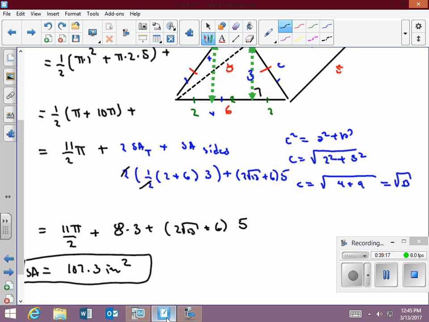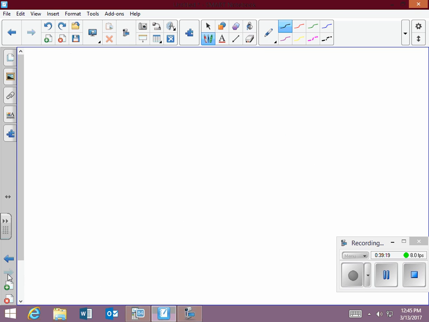Okay. Number 30 says: find the total surface area of the hollowed out cylinder shown.